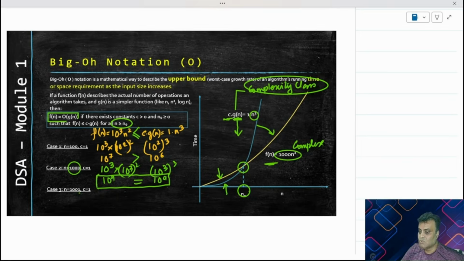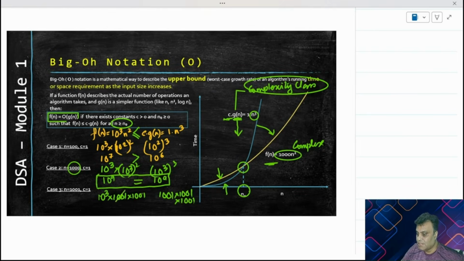So let us take n as 1001. We have fn as 10 to the power 3 into 1001 into 1001. And on the other side, we have 1001 into 1001 into 1001, because we have n cube.